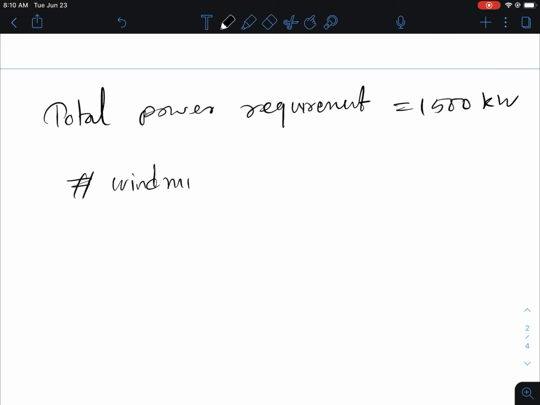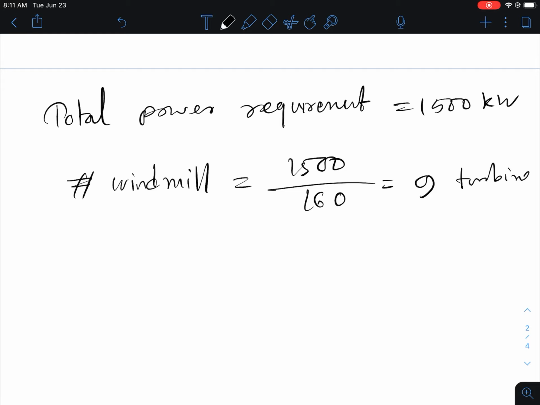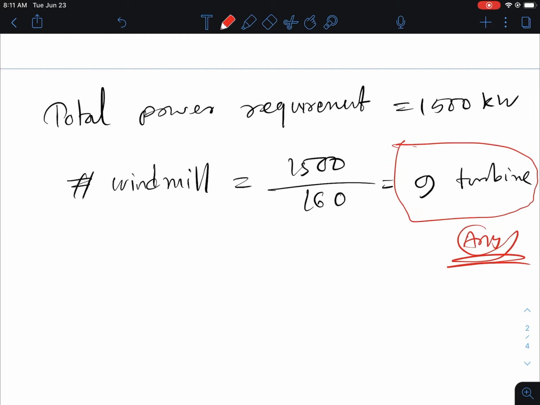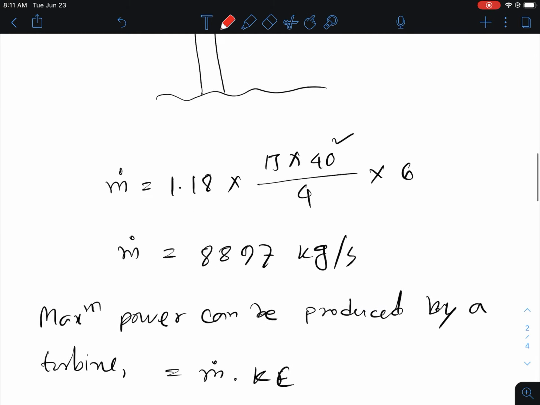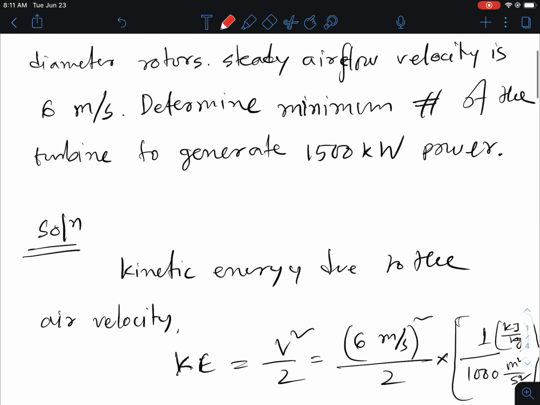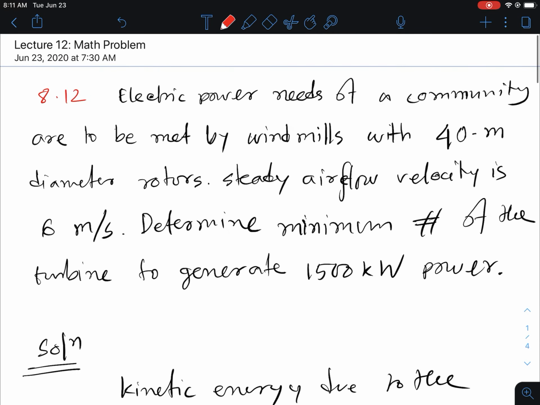So the number of windmills is equal to 1500 divided by 160, which is 9. So we need a total of 9 turbines. So that's the answer, right? We need a total of 9 turbines to generate 1500 kilowatt. So that's the problem.